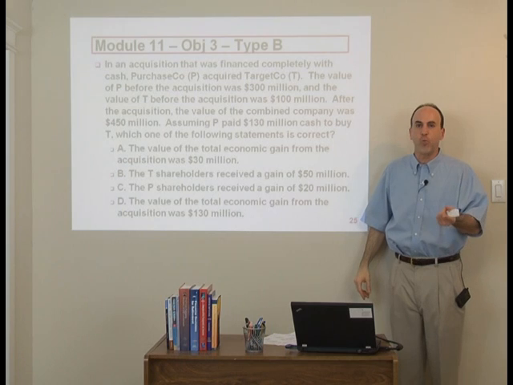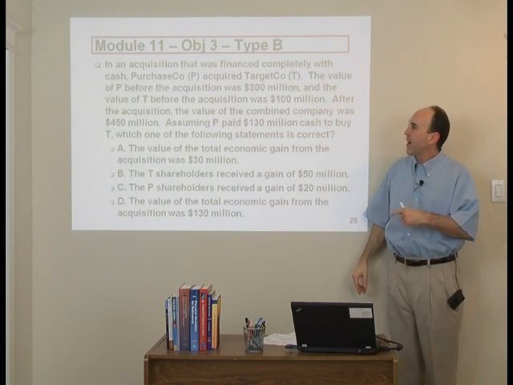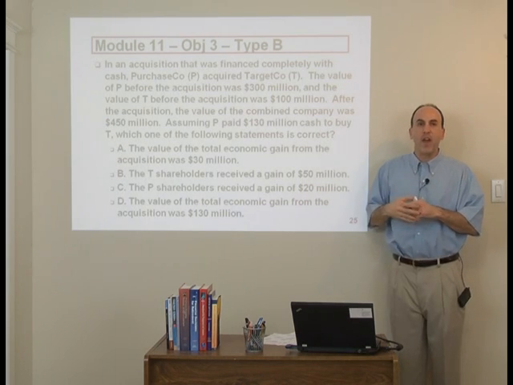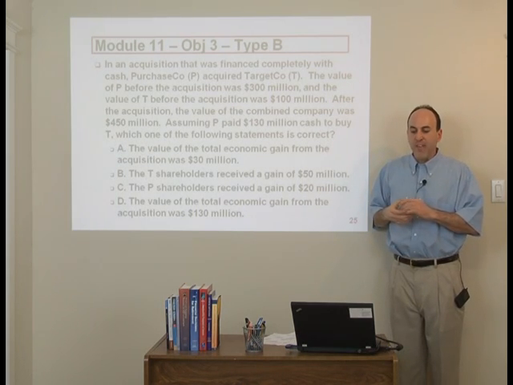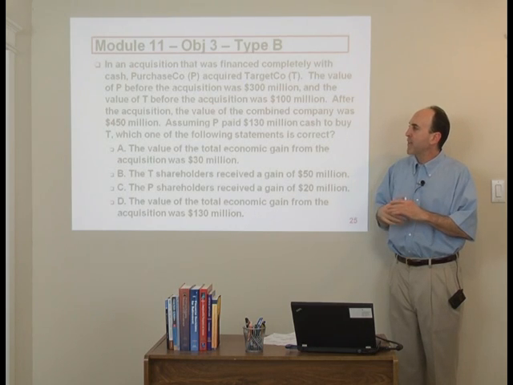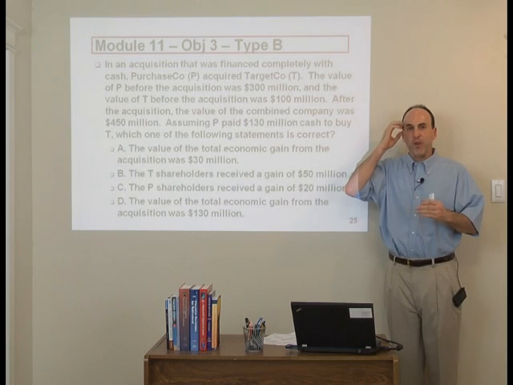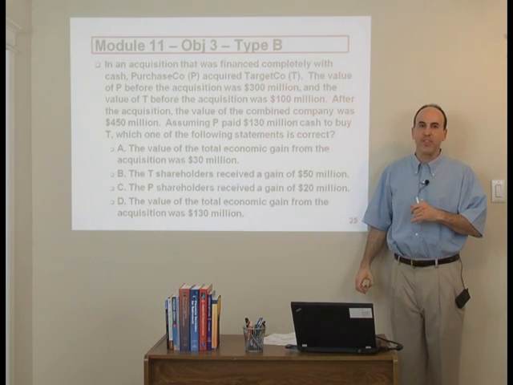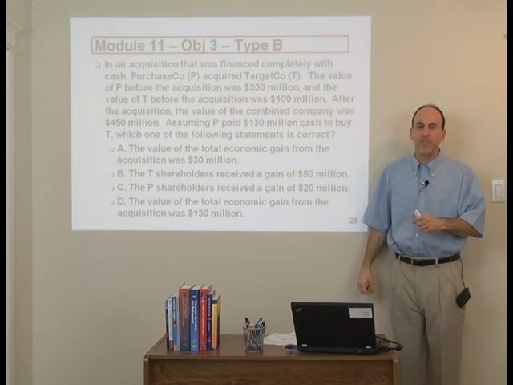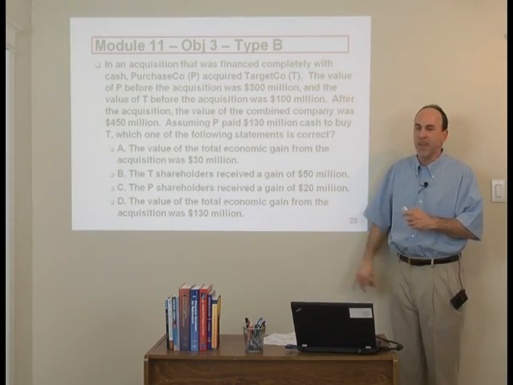That means the other $20 million goes to the purchasing company shareholders, which makes C our answer. And then we have D, the value of the total economic gain from the acquisition was $130 million. Well, we already said that it was $50 million, so C is our answer. Hopefully that makes a little bit more sense. With that said, if you look back at that slide that we talked about a couple of slides ago that was really confusing, and you use these numbers, you'll see how it all fits together. But once again, C is our answer.